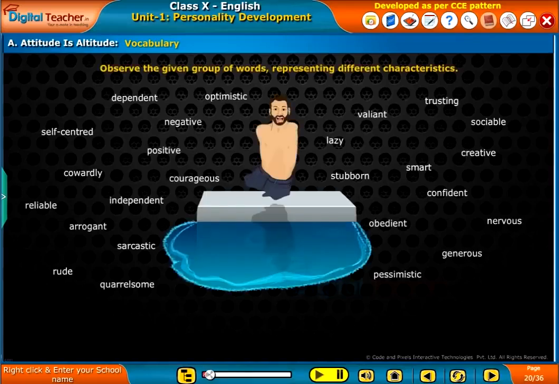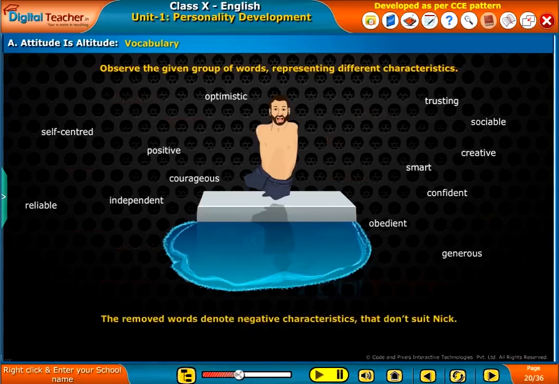Observe the given group of words representing different characteristics. And the removed words denote negative characteristics that don't suit Nick.